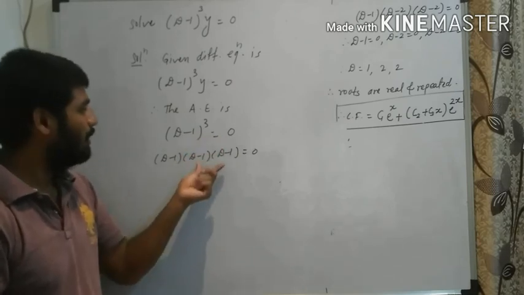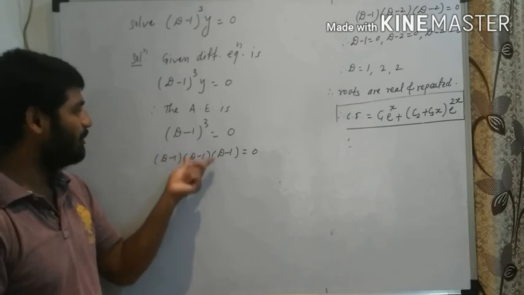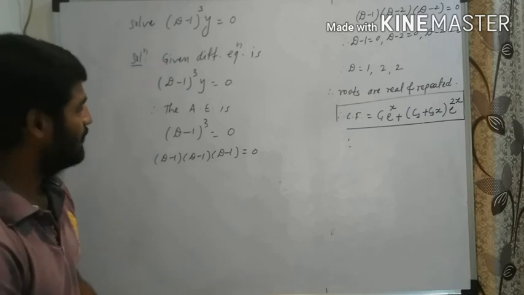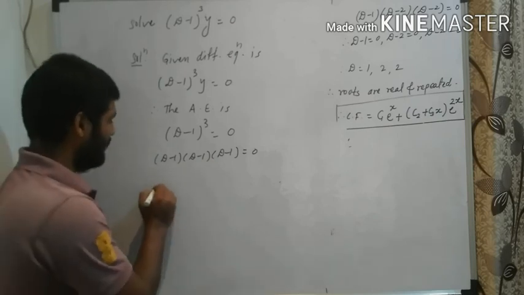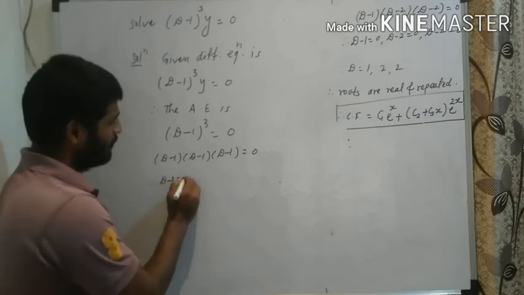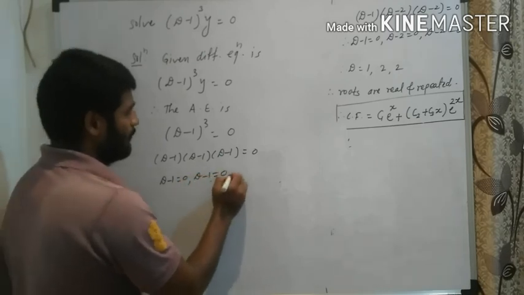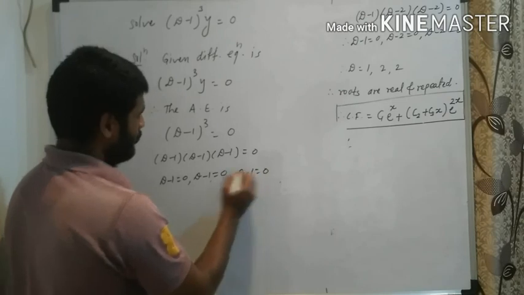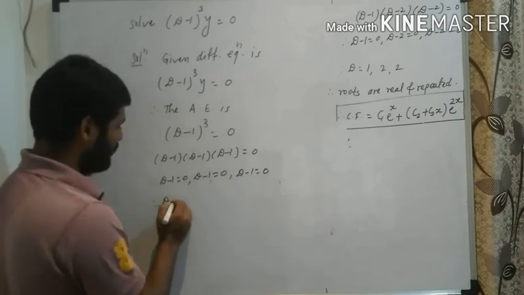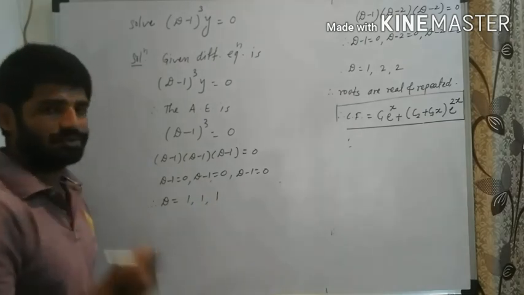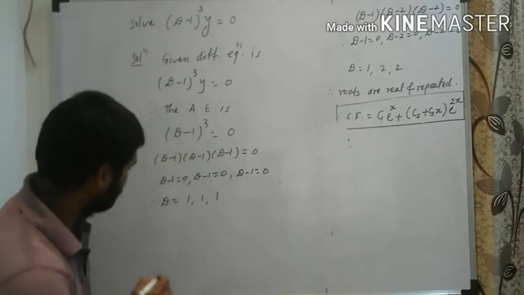We have to split this d minus 1 bracket cube like that, d minus 1 into d minus 1 into d minus 1, that is equal to 0. So therefore we get d minus 1 equal to 0, d minus 1 equal to 0, and d minus 1 equal to 0. Therefore we get d is equal to 1, 1, 1. So these are the 3 roots of the given auxiliary equation.